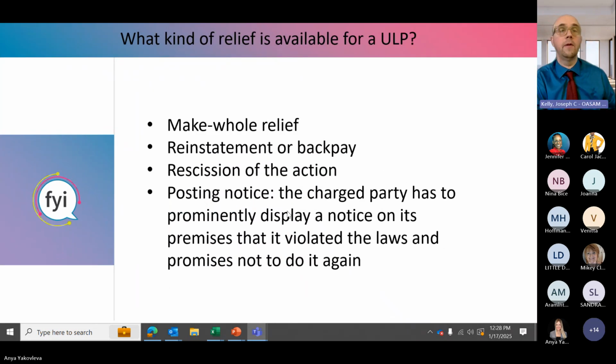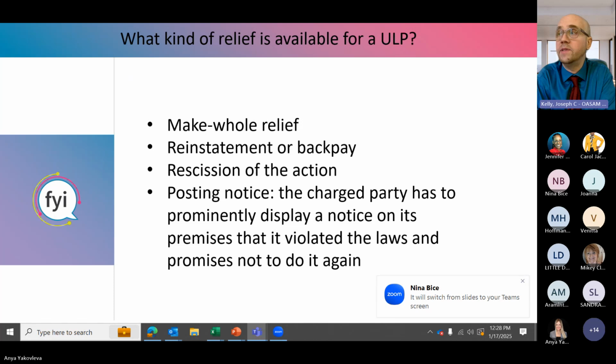Okay, so let's say the FLRA is giving relief to a charging party over a ULP. What does that relief look like? Typically, they give make whole relief, which just means that you completely restore the employee to the position that they were in before the unfair labor practice.